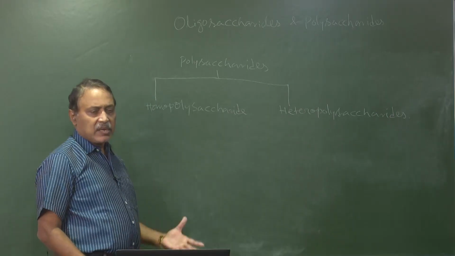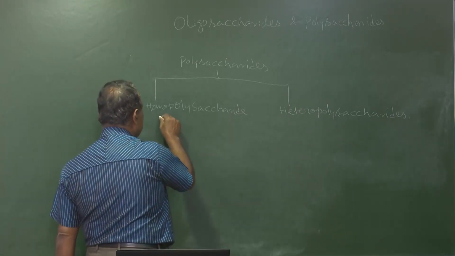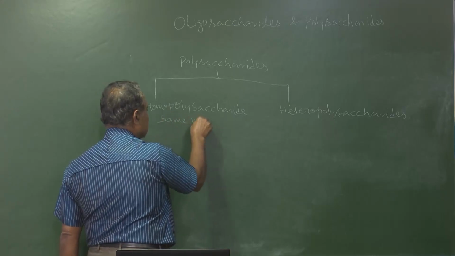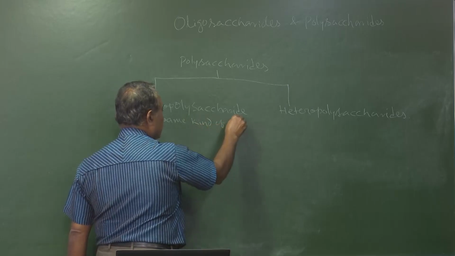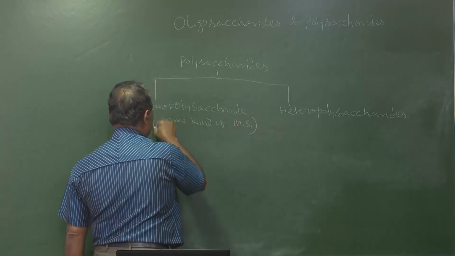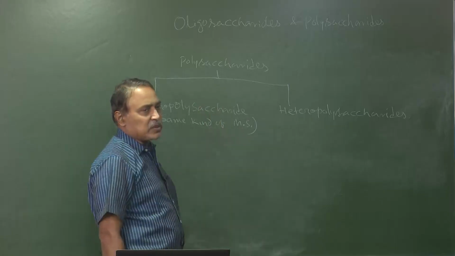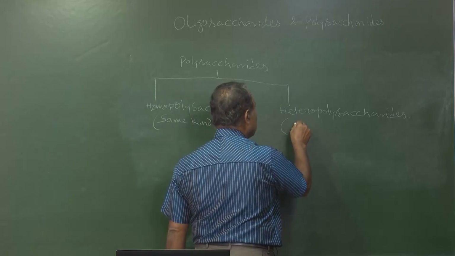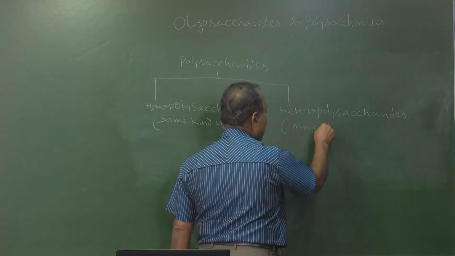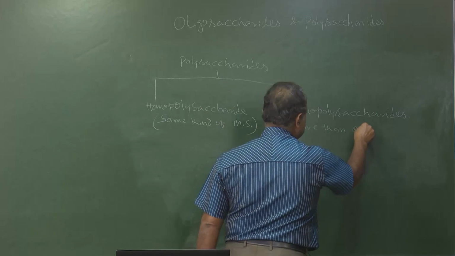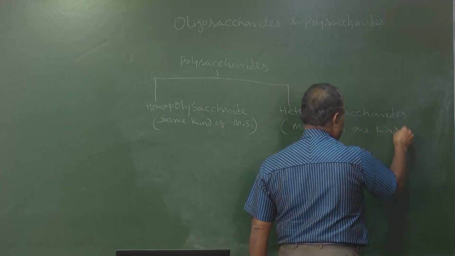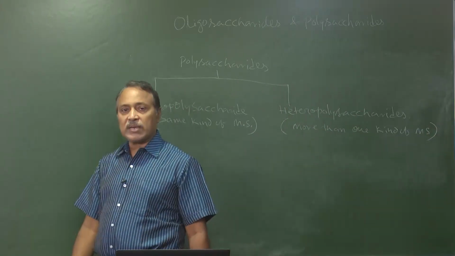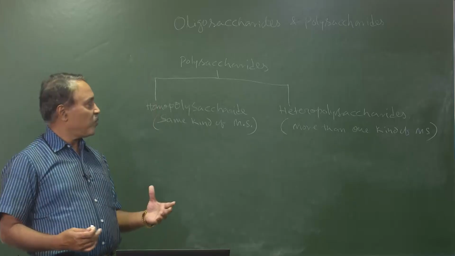Same kind of monosaccharides. When we hydrolyze them, only one kind of monosaccharide will be found. But here, in heteropolysaccharide, when we hydrolyze them, more than one kind of monosaccharide will be found. So that is what we mean.